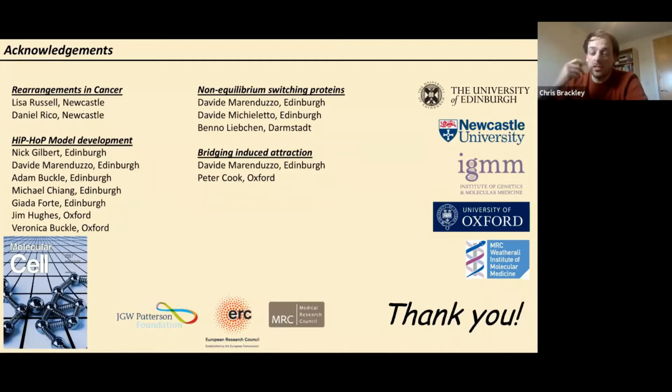Then you get this bridging-induced attraction. The two more important parameters are, first, the switching rate. These proteins switch back and forth between binding and non-binding states, and if they switch very quickly, you get small clusters forming, and if they switch slowly, the clusters can grow larger.